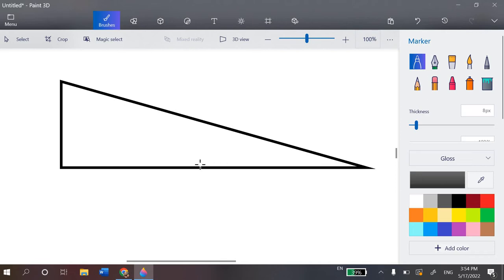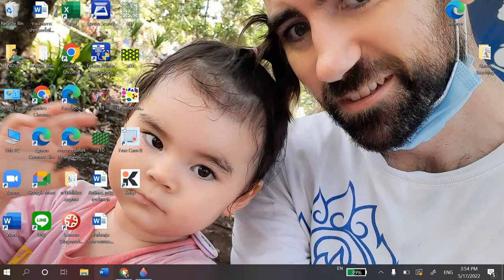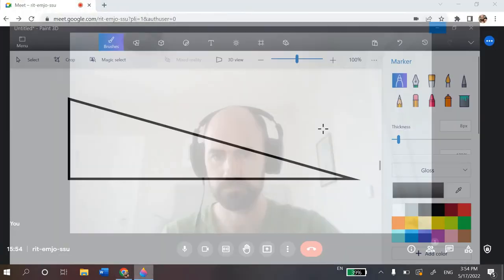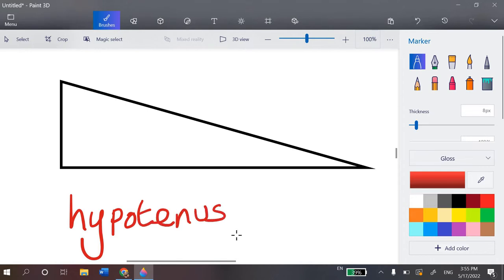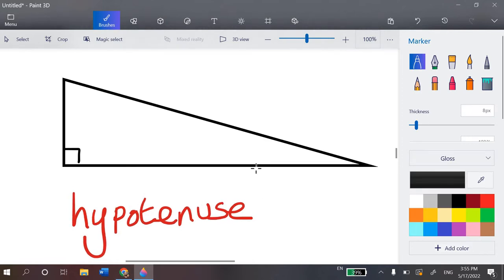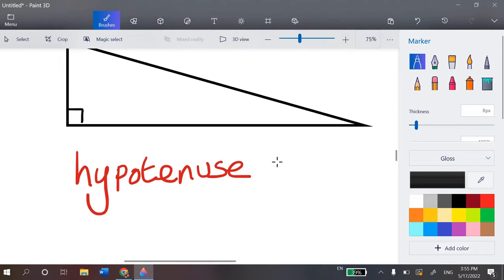And that side that is very important is called the... Everybody read this? Does this say? The hypotenuse. Hypotenuse. So this is an important side of the triangle. How do we find the hypotenuse? How do we find which side is the hypotenuse?